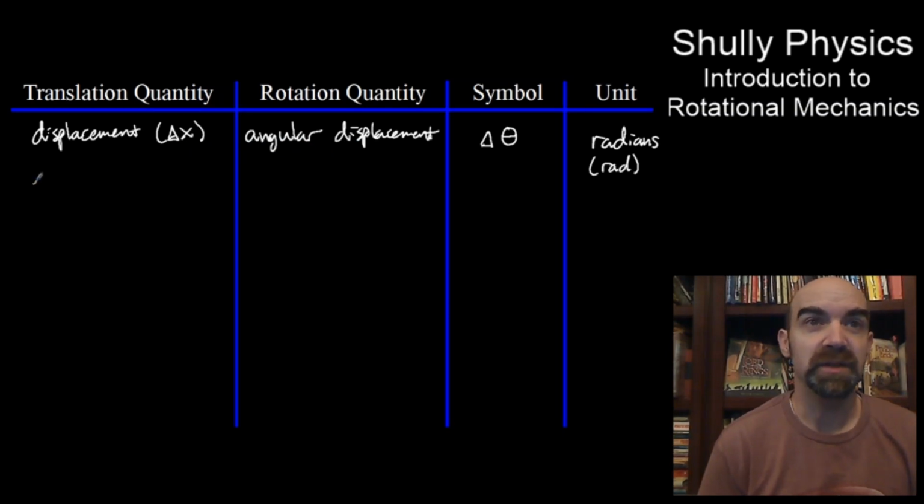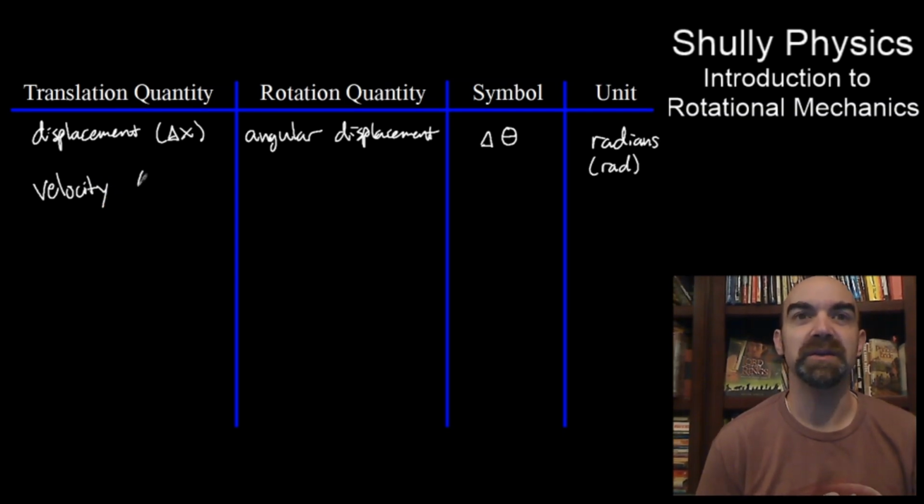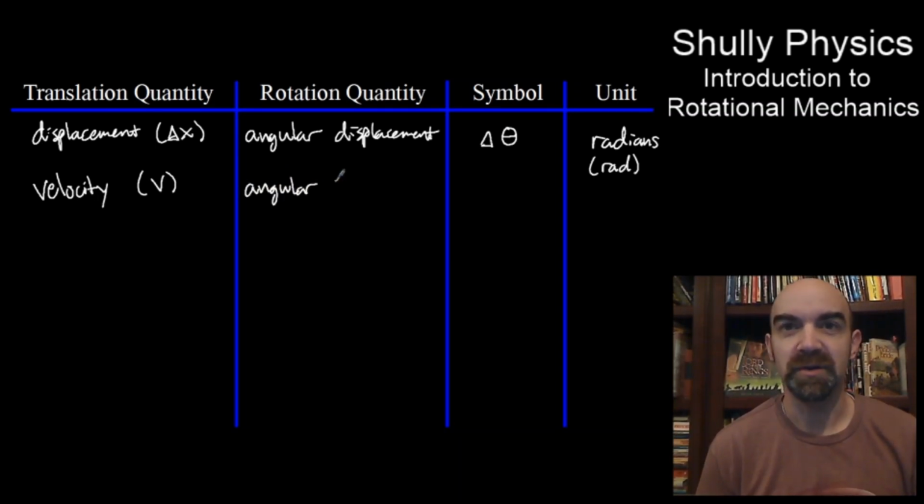Next, we've got the translational quantity velocity, and that's just a v, v for velocity. v is equal to delta x over delta t, so displacement over a time increment. In our rotation world, we've got angular velocity, and that symbol was already introduced as omega. The unit there is radians per second. We're just dividing the delta theta by time.